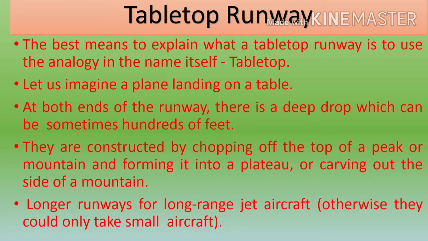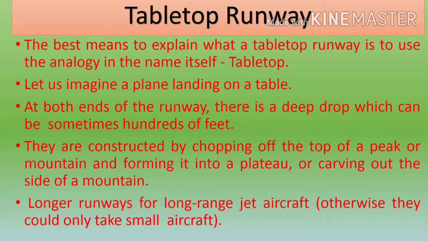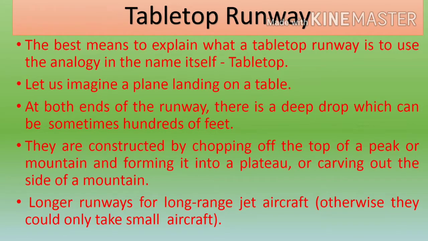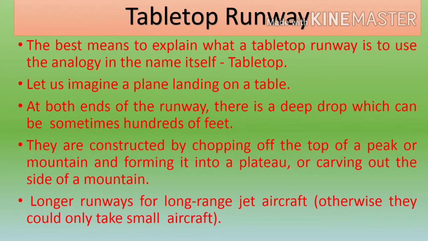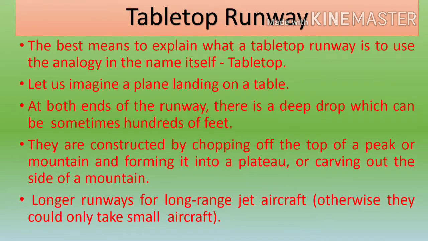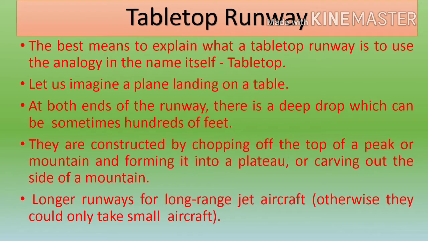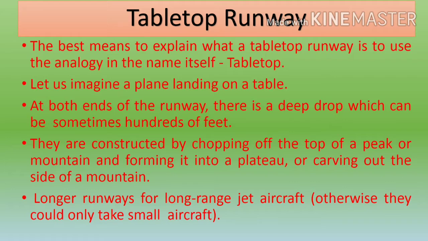How will it be? At both ends of the runway there is a deep drop, which can sometimes be hundreds of feet. They are constructed by chopping off the top of a peak or a mountain and forming it into a plateau, like a plain surface, or carving out the side of a mountain.